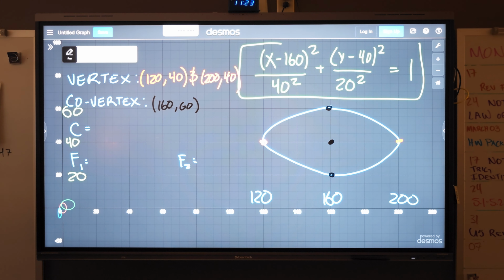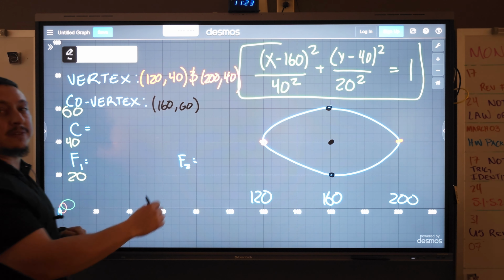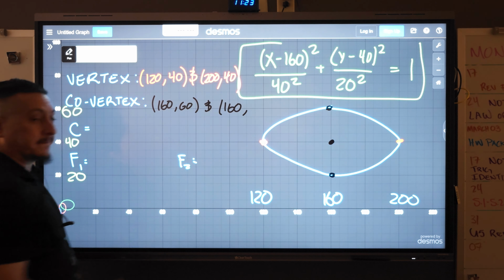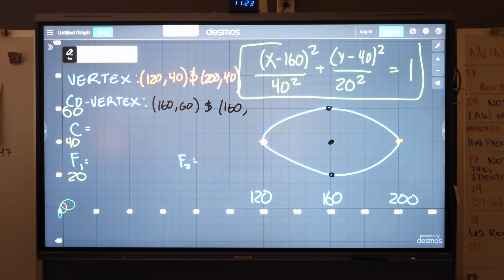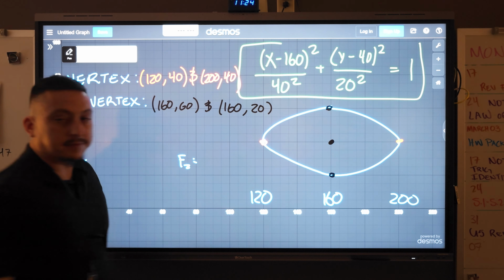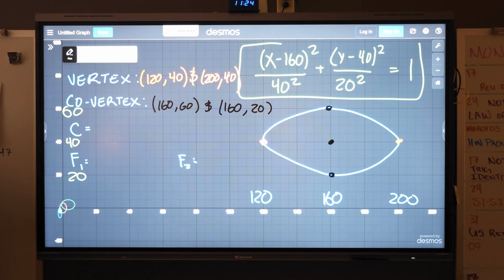The bottom co-vertex is located also at 160 and 20 on the y. Does that make sense? Do you see where I'm getting those from? Yes, okay.